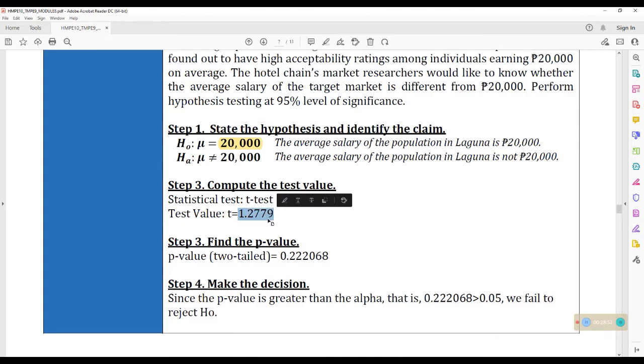So, ito ay ginagamit natin for manual or traditional method, yung tumitingin kayo sa table. Pero, may bearing din yung sign niya or yung symbol nung value. So, kapag ito ay positive, ibig sabihin, mas malaki yung computed sample mean kesa sa hypothesized population mean.